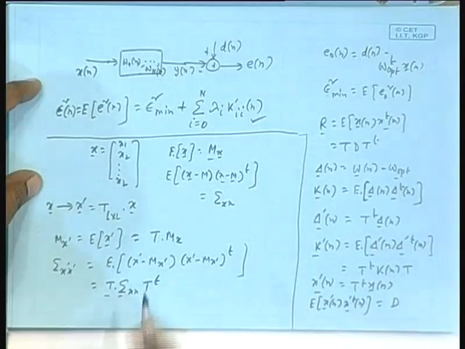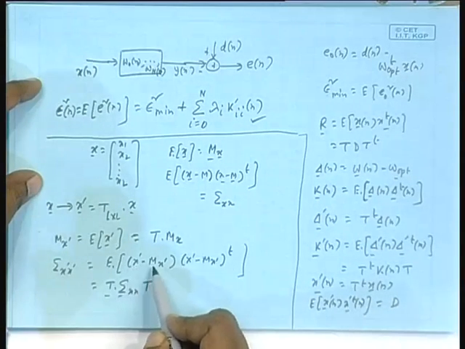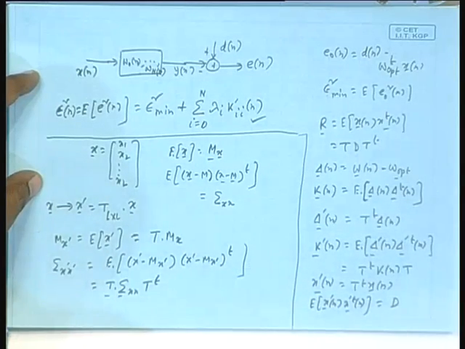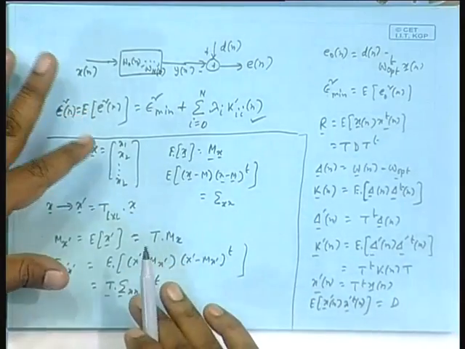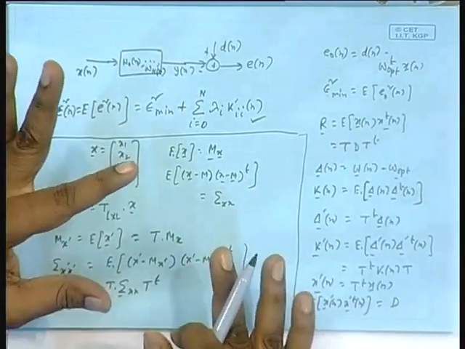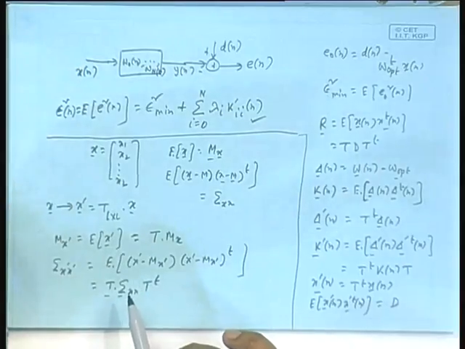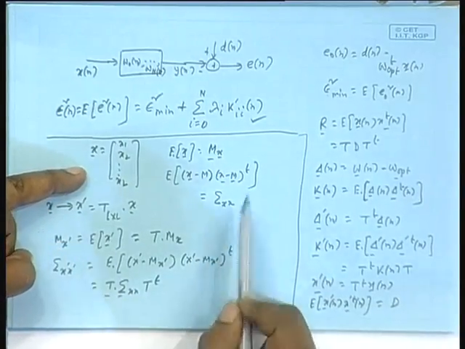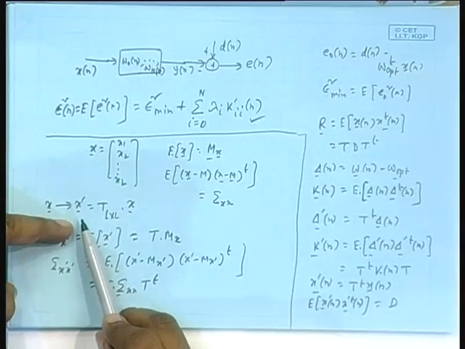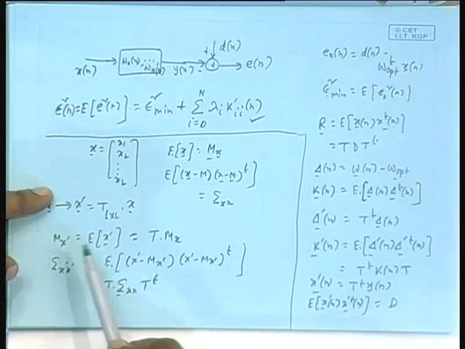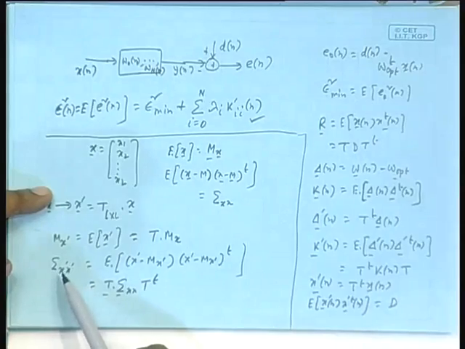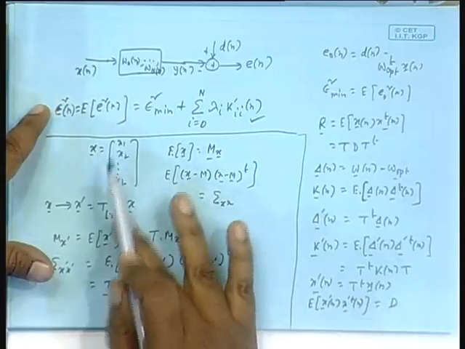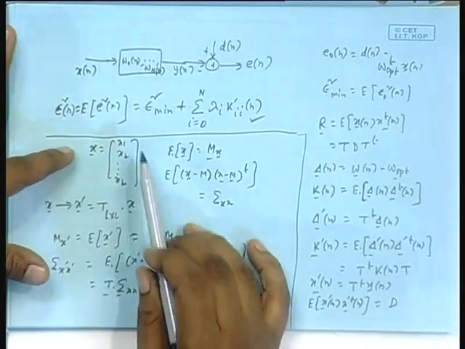You take T out, and on the other side also T, but T gets transposed and comes to the right hand side. So, irrespective of whether they are Gaussian or any other, as per their joint probability density, this is always true: if x is a random vector with this kind of mean and this kind of covariance, then after being linearly transformed to another vector x prime, the new mean vector and covariance matrix are like this. This is always true, irrespective of the joint probability density of the elements x1 to xL.